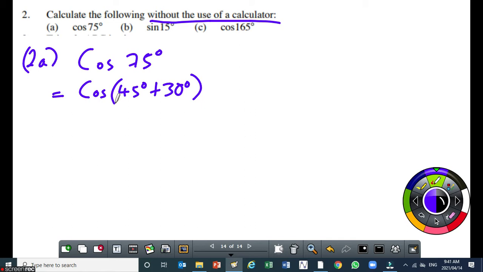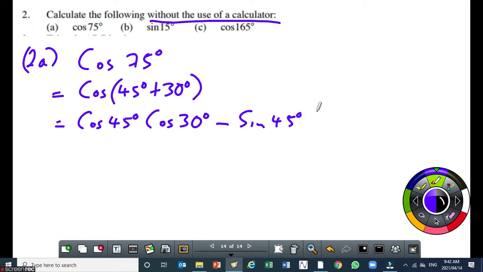Okay? So this becomes cos 45 degrees times cos 30 degrees. There's a plus there, you put a minus, sine 45 degrees times sine 30 degrees. I use number 2. Yes?